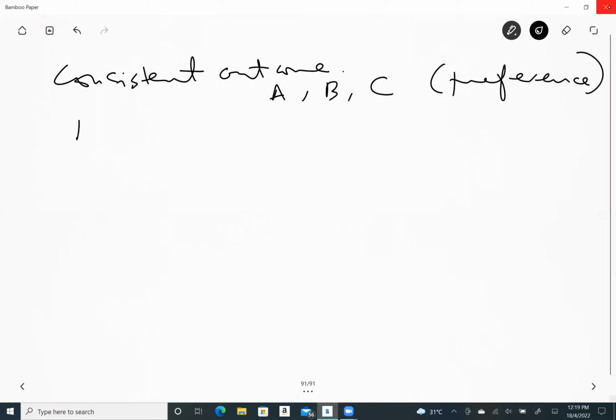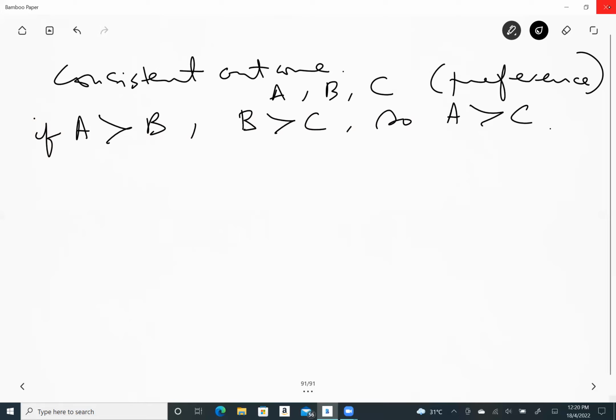If A is preferred to B, let's say you prefer A to B, this is your utility choice, and then B is preferred to C, so A is preferred to C. Okay, so that is consistent.